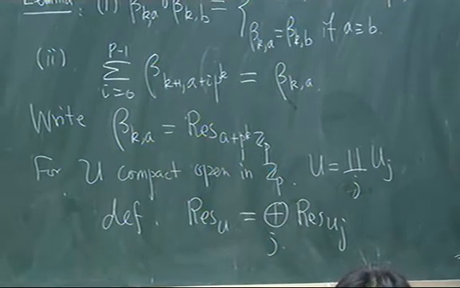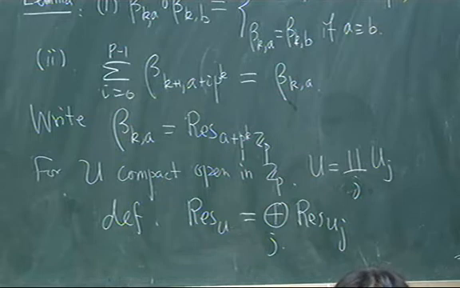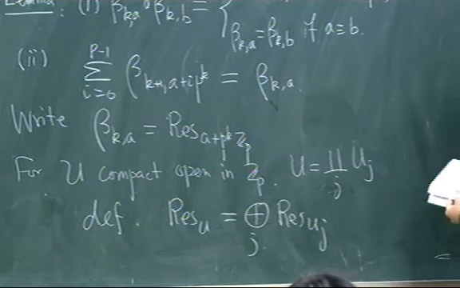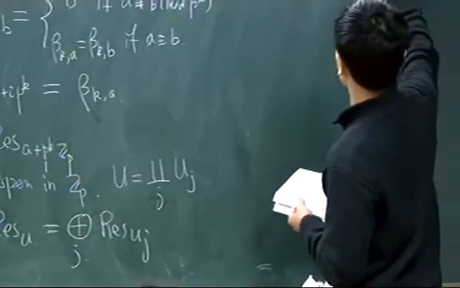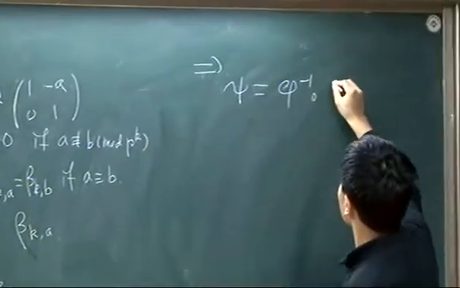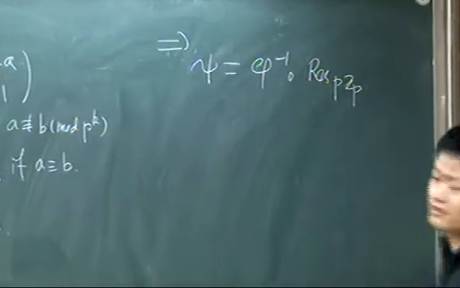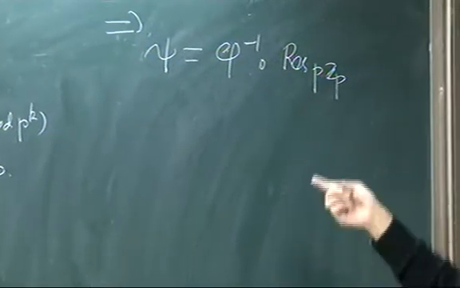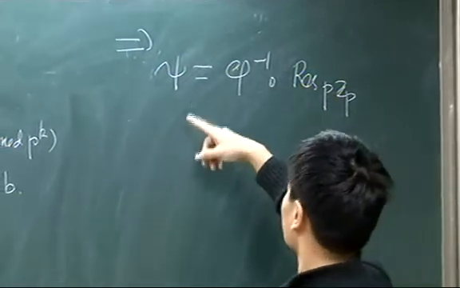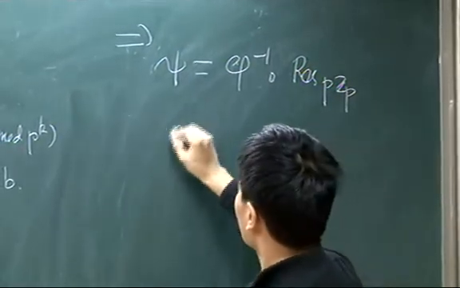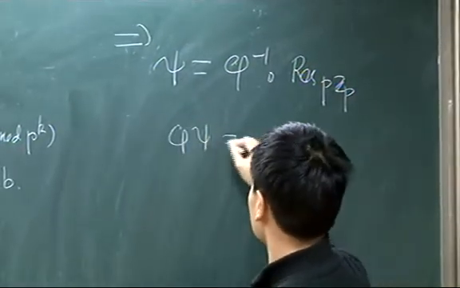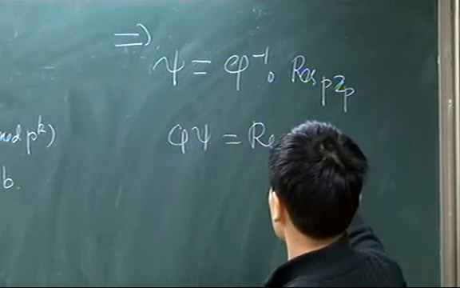Something we had in the phi gamma module measure case is we can get psi is nothing but phi negative 1 times restriction to pZp. This is really the one we have. We know phi psi is just restriction to pZp.